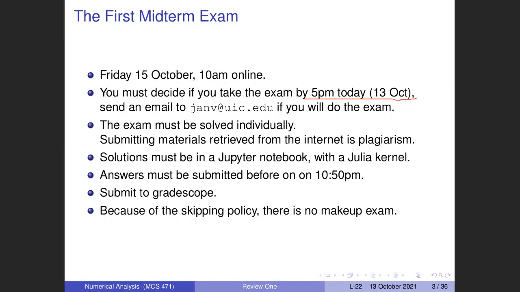So there's a first deadline, and today is 13 October, Wednesday, 13 October, the date of this lecture. By 5 o'clock of that day, I must receive an email if you will do the exam. So there is the skipping policy. The exam is not compulsory.